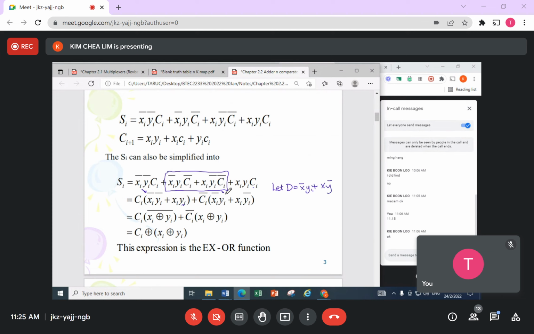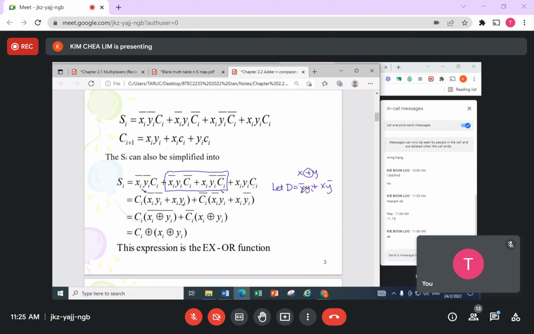Let D be this one. By looking at these expressions, you actually know that this is the same as my X, because this is an XOR expression already. So this is an XOR. XOR is written as an OR with a circle. So when you see this, it means it's an XOR function.